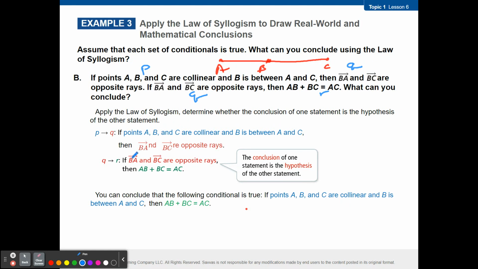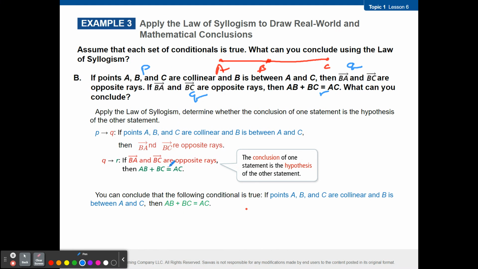Q to R, if ray BA and BC are opposite rays, then AB plus BC equals AC. So then by the law of syllogism, we would have if points A, B, and C are collinear and B is between A and C, then AB plus BC equals AC would also be true.